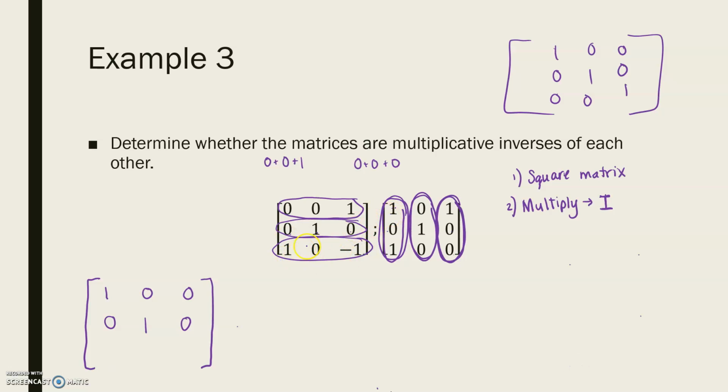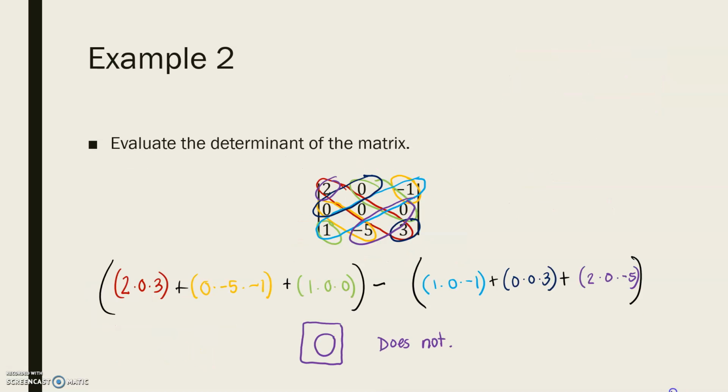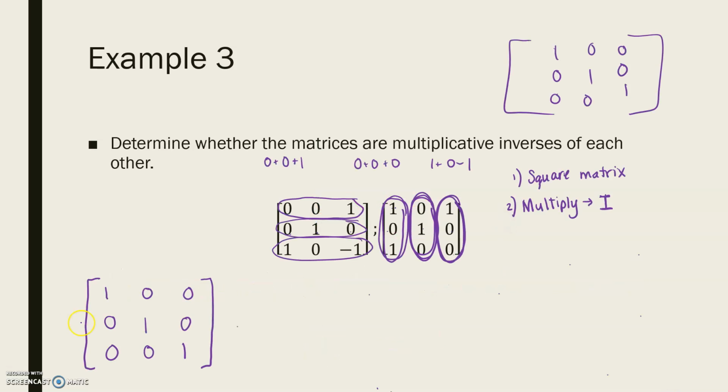Finally, when I multiply these together, I get 1 plus 0 and then minus 1. And so that would give me 0. Looking at this one, I'd get 0, 0, 0. And looking at the last one, I would get 1, 0, 0. Oops, I didn't put that. Yeah, I put that 0 in there. And then 1. So far, so good. This is the identity matrix.